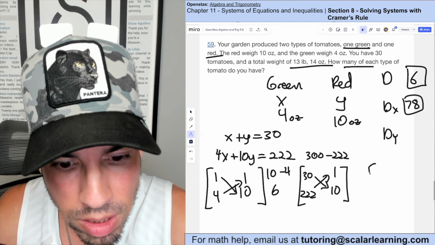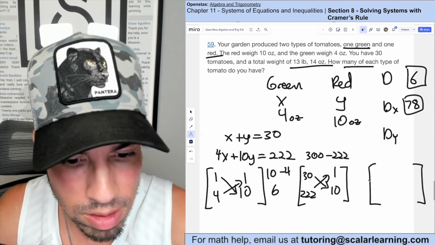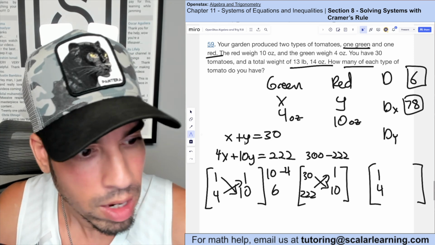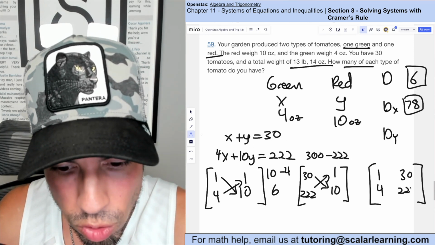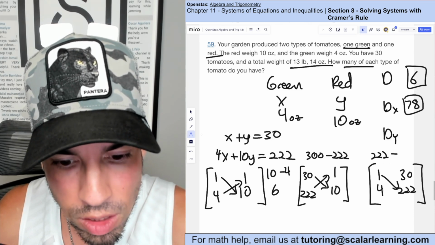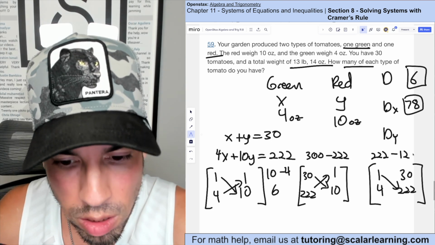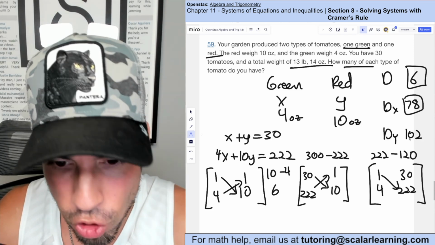And then now for dy, okay, we're going to keep the x's the same with the 1 and the 4. And now the y column is going to be replaced with the 30 and the 222. Okay, so I'm going to do 1 times 222, which is 222, minus 4 times 30, which is 120. And that gives us a dy of 102.